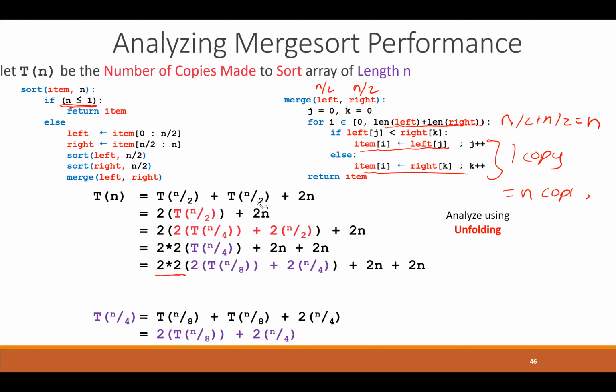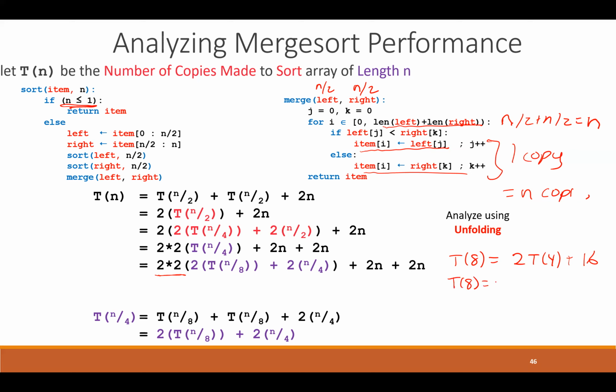Right, so I could write it as, let's say I took t of 8 equals 2 times t of 4, right? I make my two recursive calls, plus 2 times 8. Let's just call that 16. And then I'm making a recursive call on a list of size 4, so I'm still going to be expanding that.